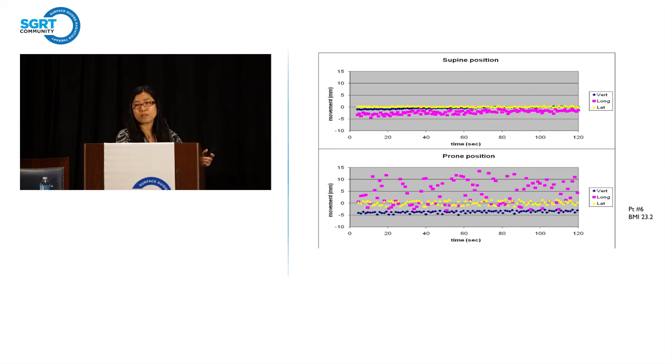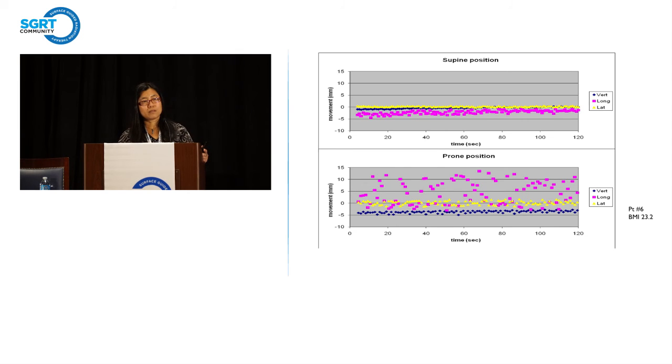So this is the beauty of this study. When I saw those graphs, I was pretty shocked. It's pretty consistent. For patient 5, for almost all 5 weeks, the graph is like this. It's not like one week prone is better, one week supine is better.